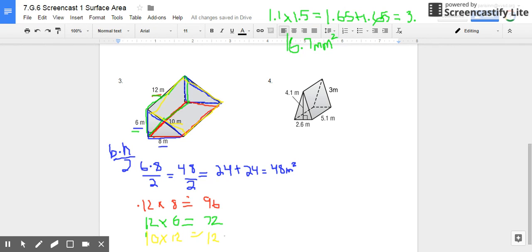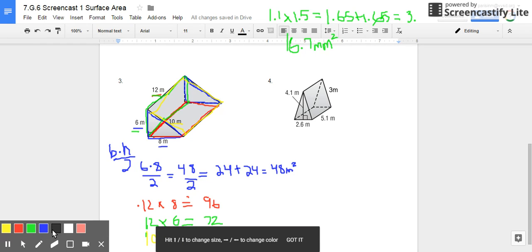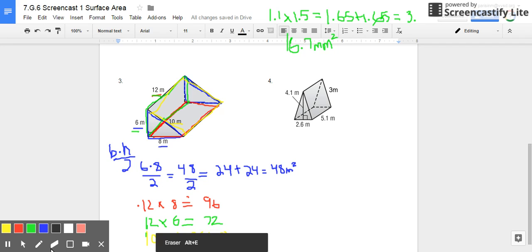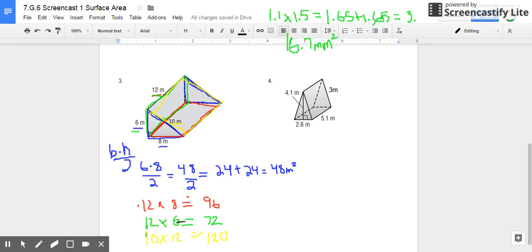So we have now 4 numbers to add up. We have, where did my cursor go? Okay, we have the 96, we have the 72, we have the 120, and then we also have the 48.